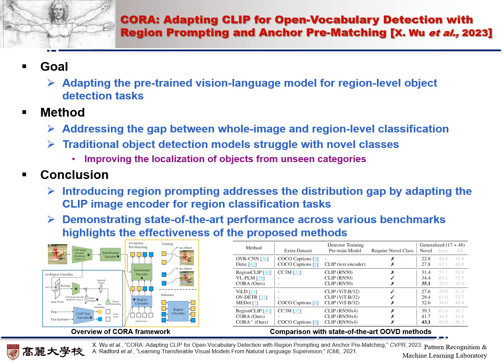So, method, as illustrated in the overall figure on the bottom left, they first introduce a mechanism called region prompting to improve the region features extracted by the CLIP image encoder.